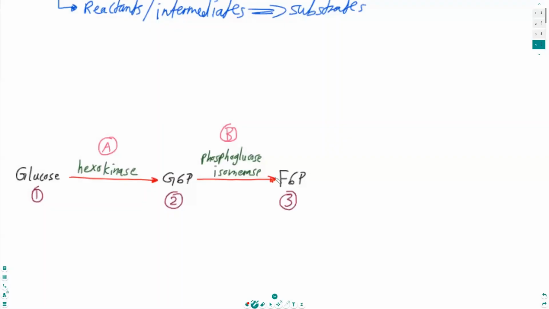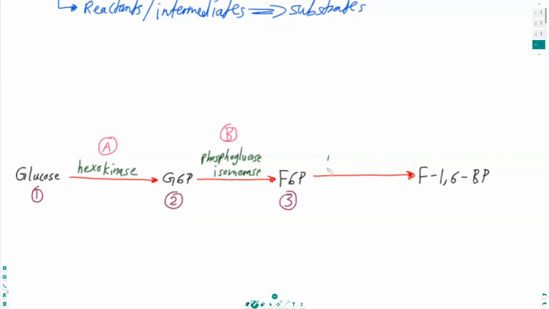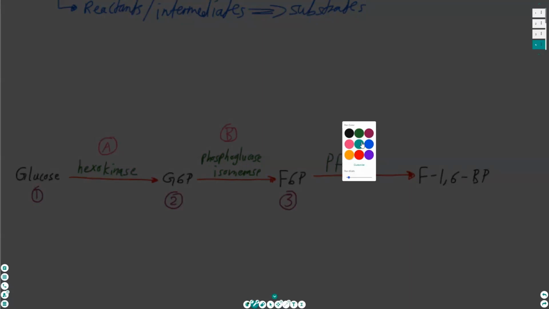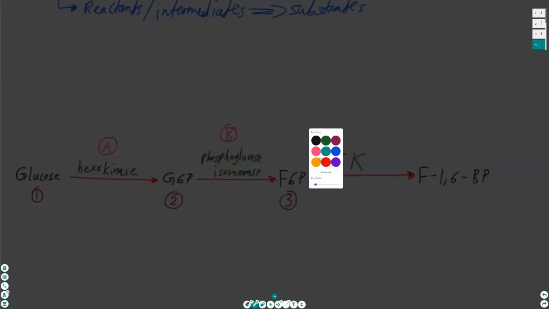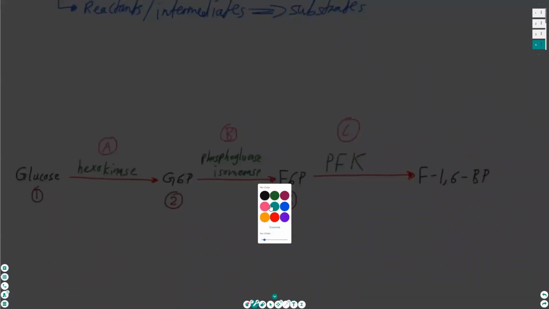And then this fructose 6-phosphate gets converted into fructose 1,6-bisphosphate, and that is done by the enzyme, can I remember the name? Phosphofructokinase, or the enzyme PFK. So PFK is our enzyme C, and enzyme C has converted substrate 3 into a final product 4.